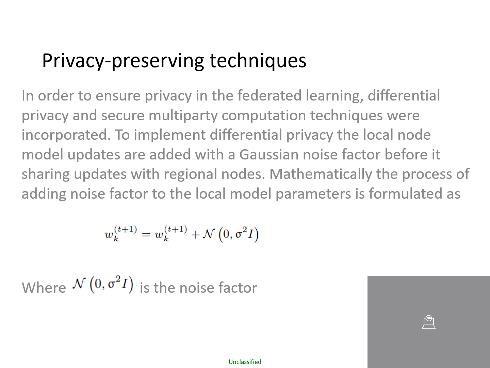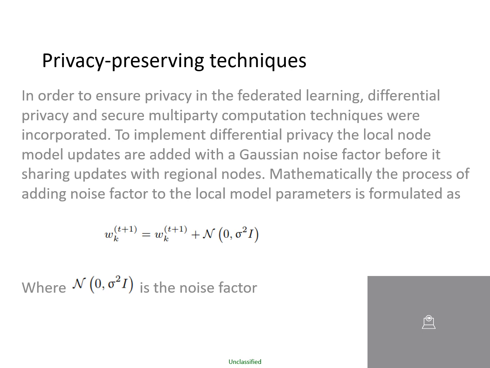whereby the Gaussian noise factor is the last term that is added to the formula. Maybe to expound more on the privacy preserving techniques, these techniques add a noise factor which prevents attackers from identifying the individual data that is being sent, and this can be done locally or globally.